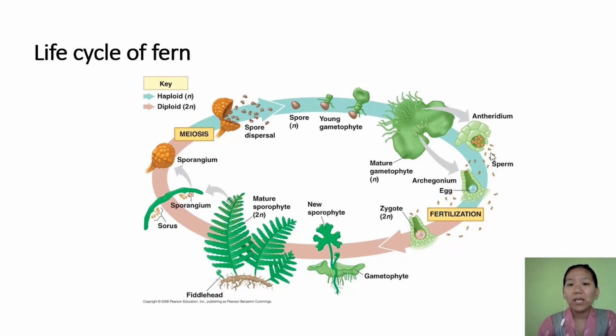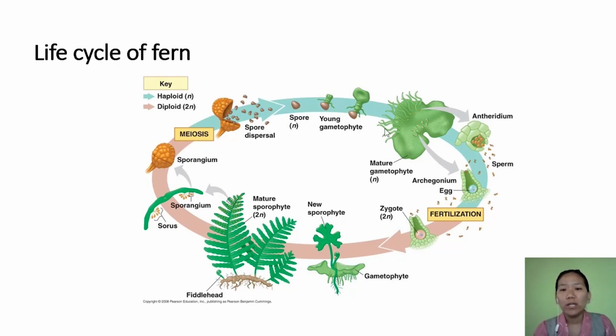Then these male gametes are released into the water and reach the egg, leading to fertilization. Since fertilization needs water, the distribution of such a group of pteridophyte is limited.